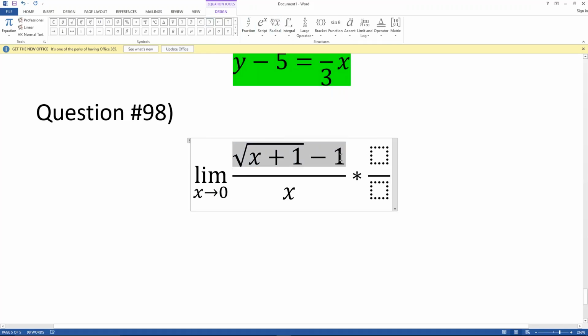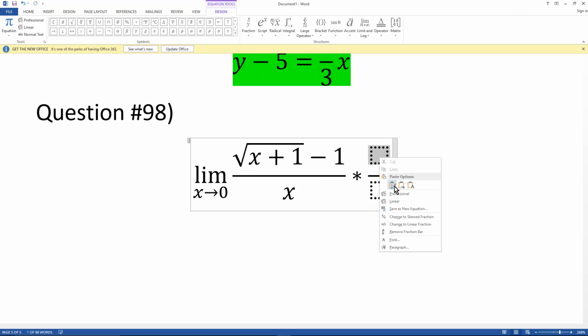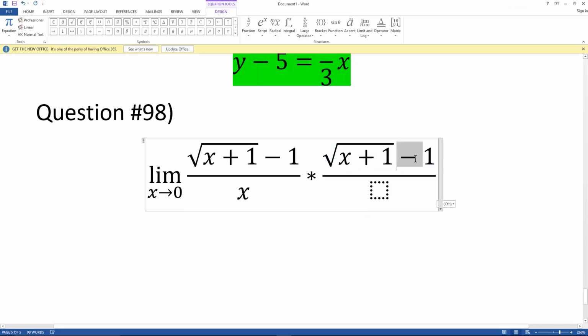So you're going to multiply by square root of x plus 1 plus 1. That's the conjugate. Remember, the conjugate is the difference between two terms, the opposite sign.